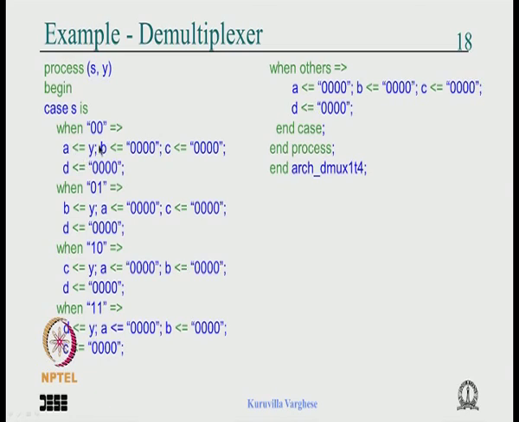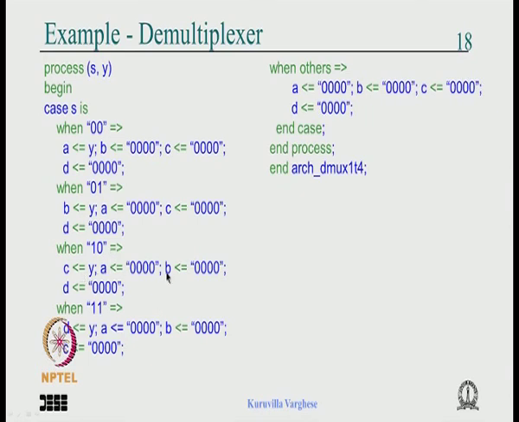A of 0 is nothing but Y of 0 and S1 bar and S0 bar. Similarly for other things, when it comes to B of 0, it is Y of 0 and S1 bar and S0, and so on.